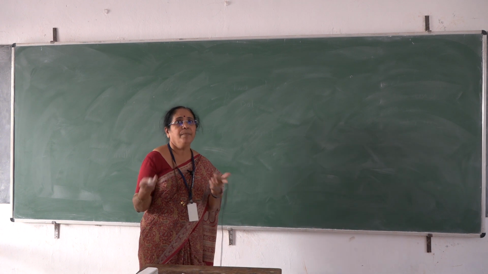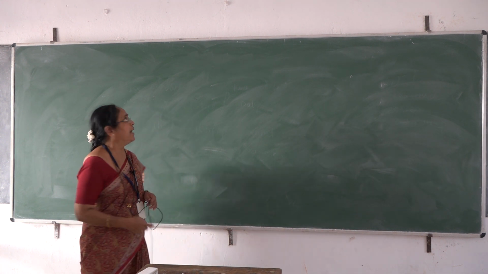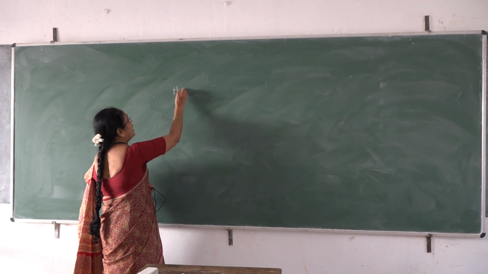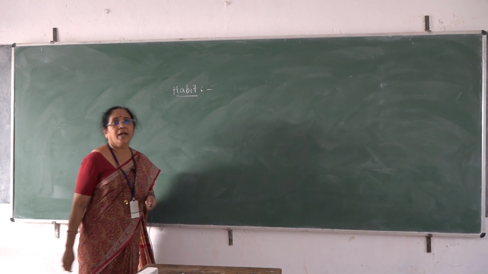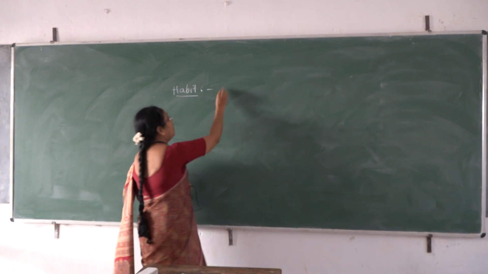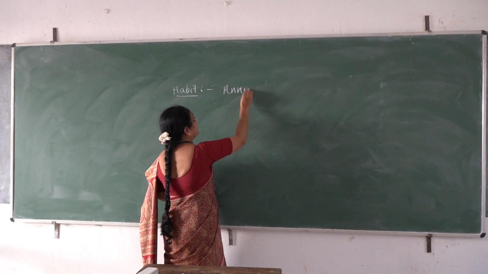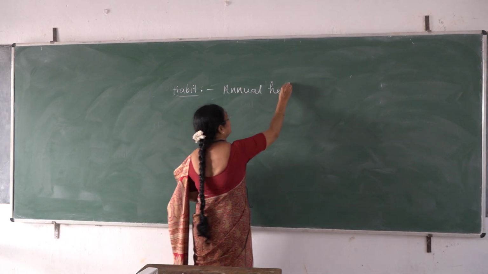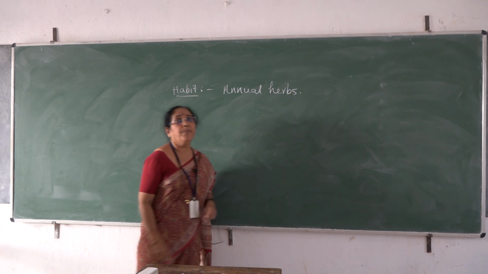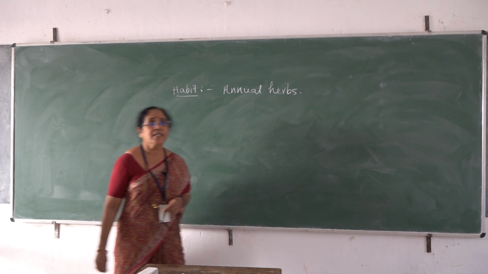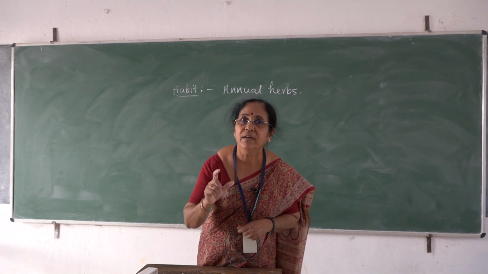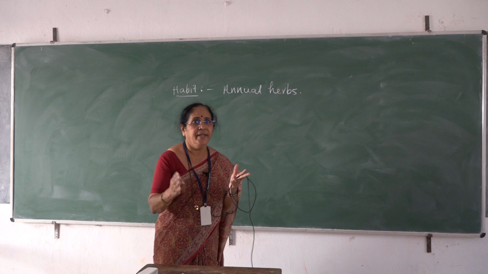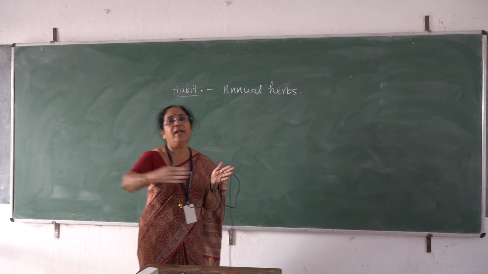So on that basis you can write the habit of the plants. The habit of all plants which belong to this Brassicaceae family: they are generally annual herbs. Right? This is very important. Most of them are annual plants. Annual plants means the plants complete their life cycle within 1 year. It doesn't mean that it is going to take the full 12 months.